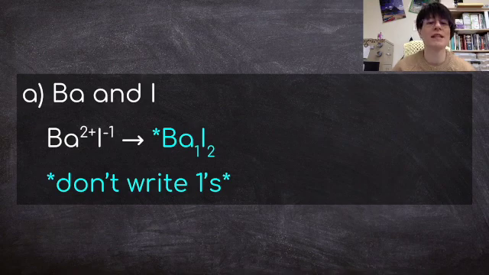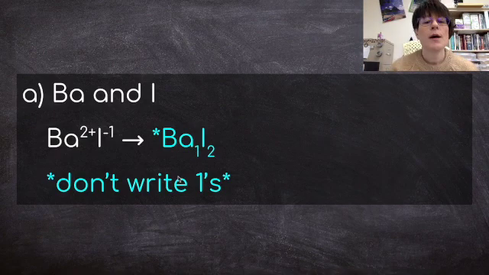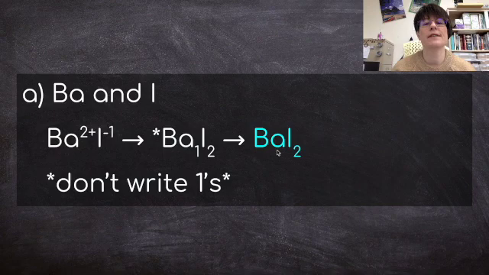So this is what I mean. I have crisscrossed. The 2 that was up here is now low, below the iodine there. The 1 that was here is down here now. So I have crisscrossed them, okay? But in our formula units, we do not write 1s, so I have to simplify this to BaI2.